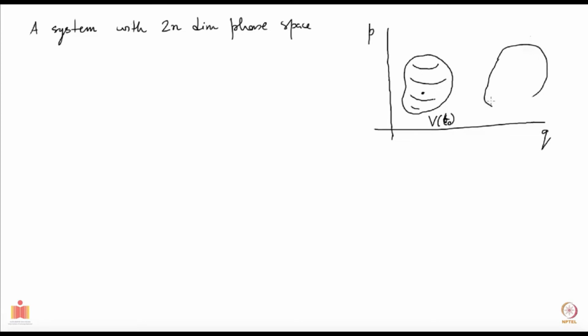Yeah, let's say it becomes like this. Okay, so I'm not saying the shape will be similar or the same, the shape changes, and we want to know whether it has increased or decreased or what has happened at a different time t. So you go from t0 to t, and this is what we want to ask. Okay, and what we are really looking at now is what is called Liouville's theorem.